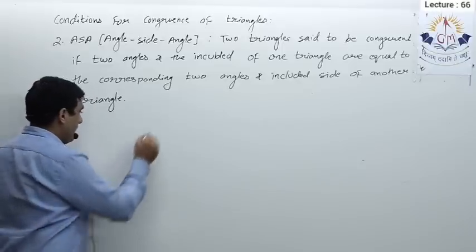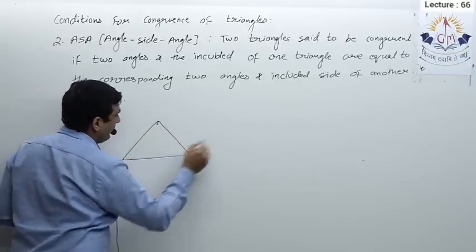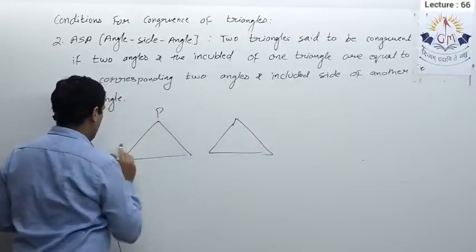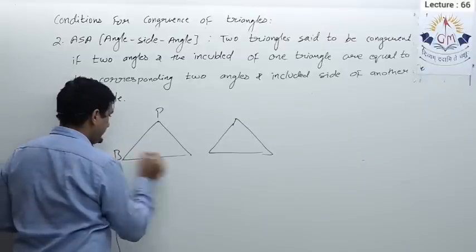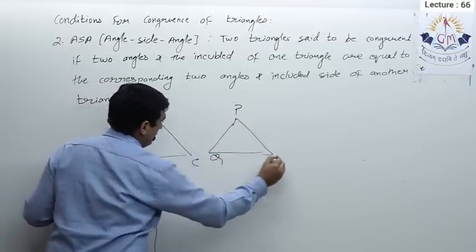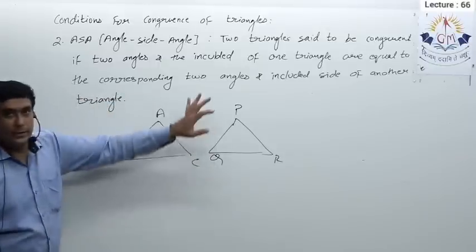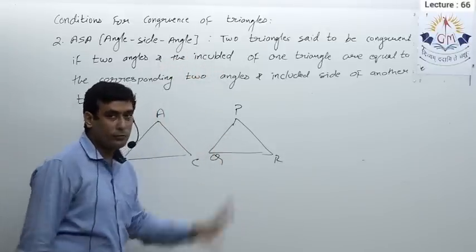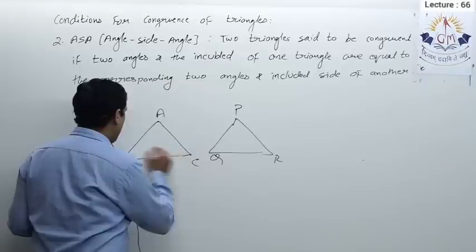Okay, now in short, if I have these two triangles ABC and PQR, what does this statement want to say? We can say these two triangles are congruent if, what should be the condition? Two angles.